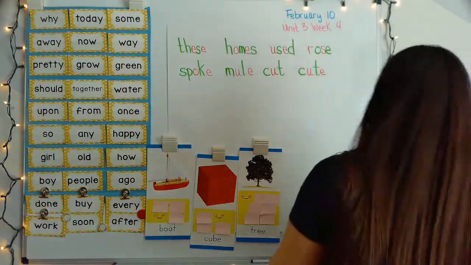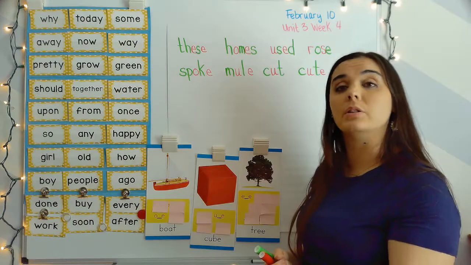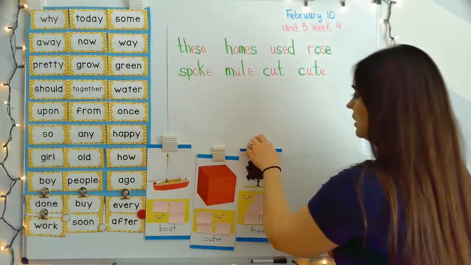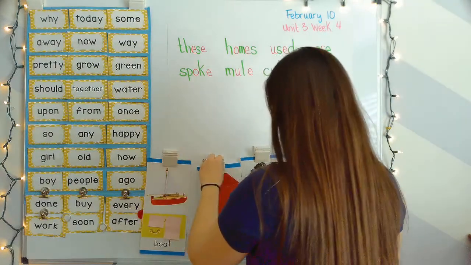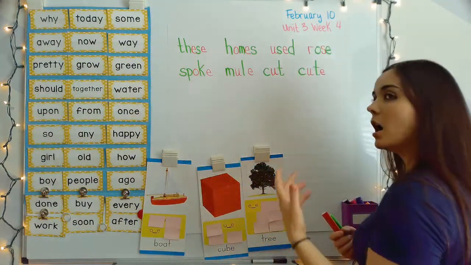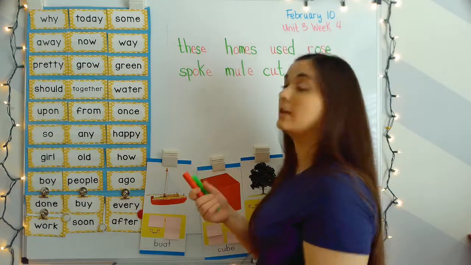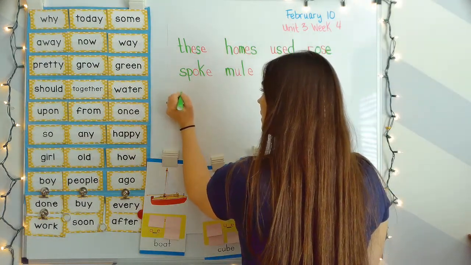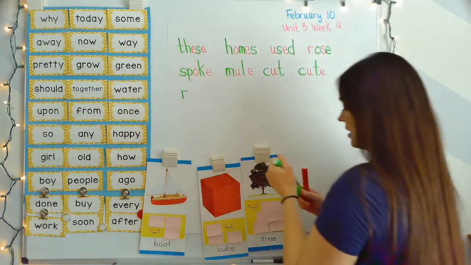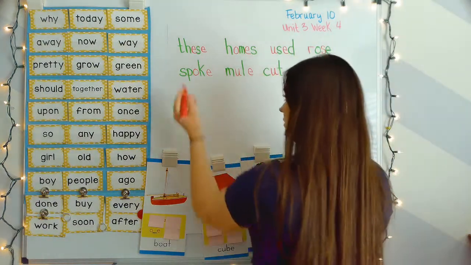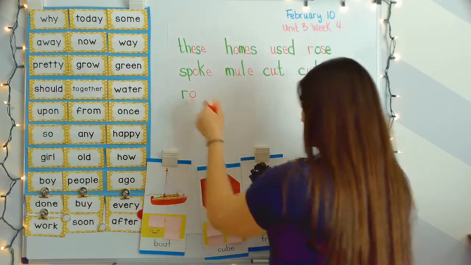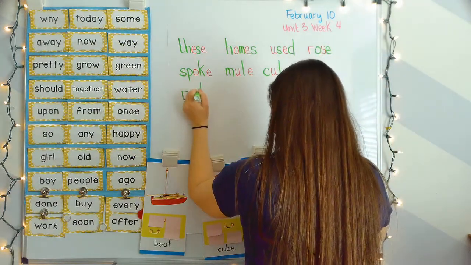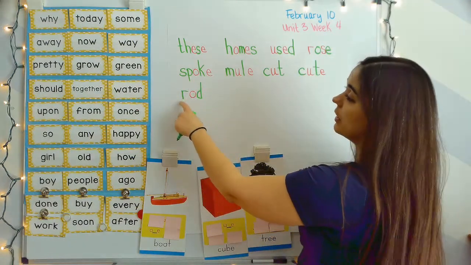Next word. Rod. Your turn. D. Rod. So notice when we said rod, we hear like octopus. So we hear regular O, short O. So R says... O says... D says da.